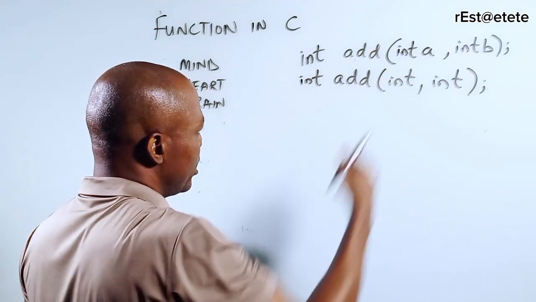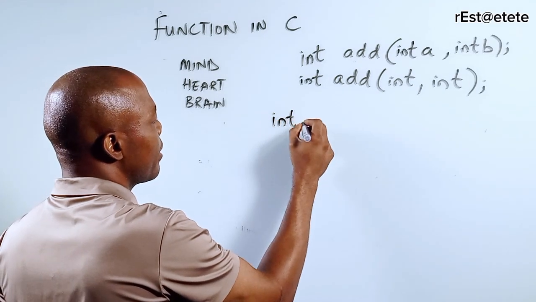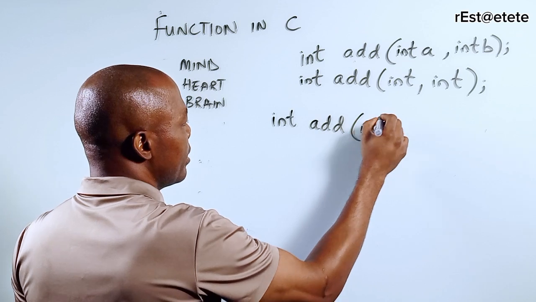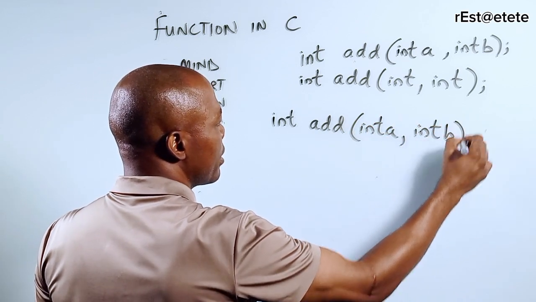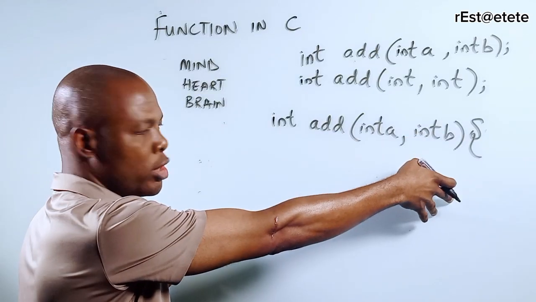Now let's write this function. In writing this function, I will say int add, and then int a, int b. So my curly bracket, because I'm going to write multiple statements.